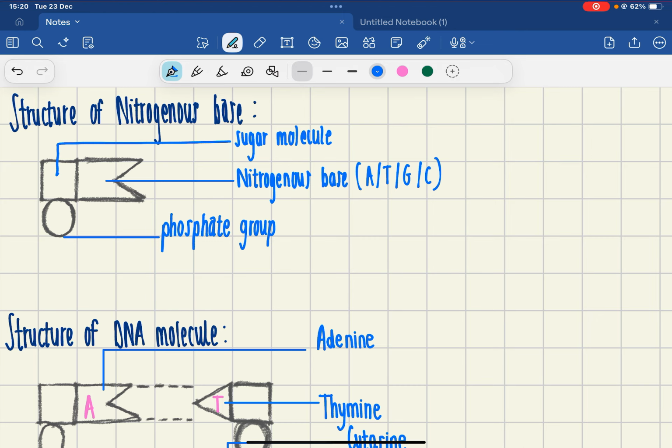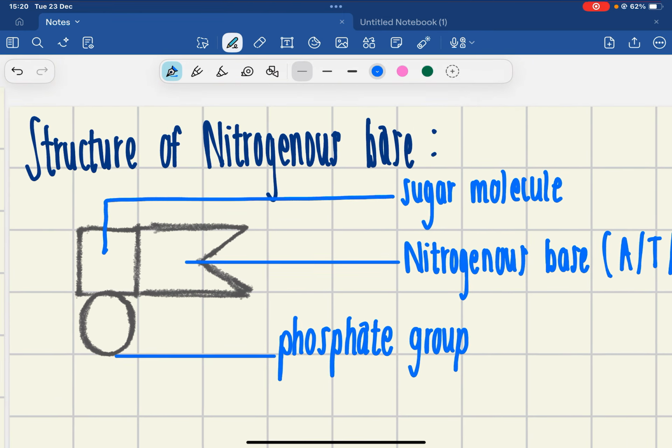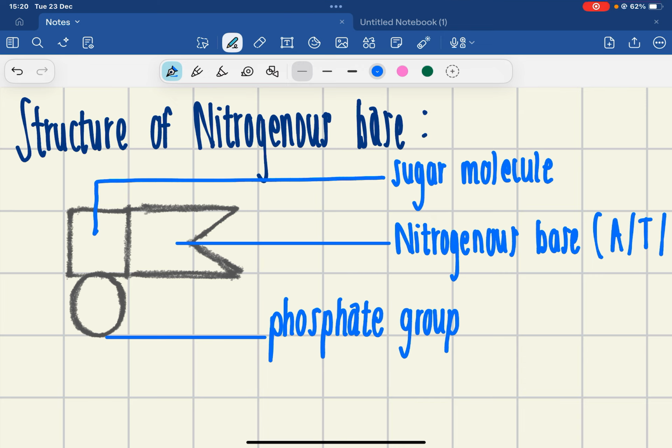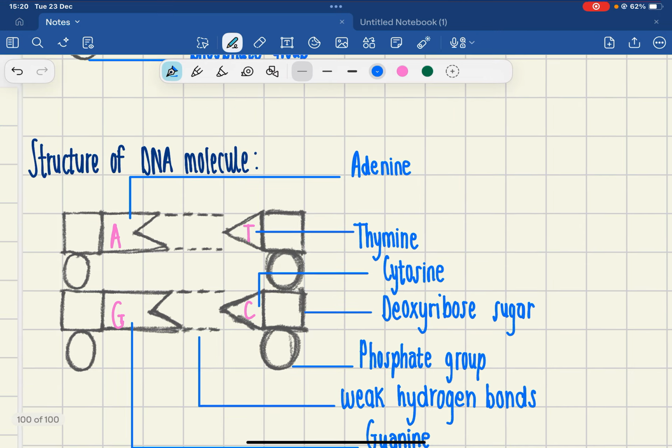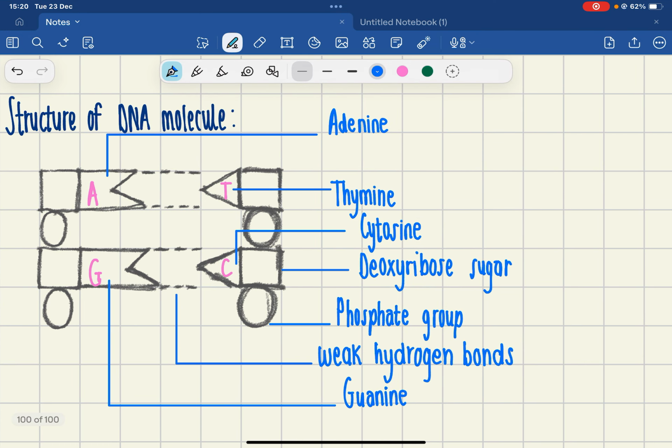Apologies, boys and girls, this is actually supposed to say structure of a nucleotide. Now, a nucleotide is the building block or the monomer of what? A DNA molecule.